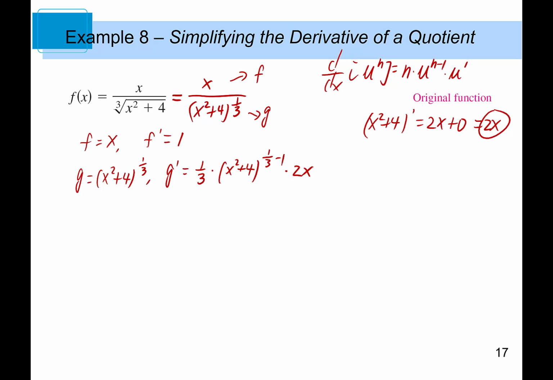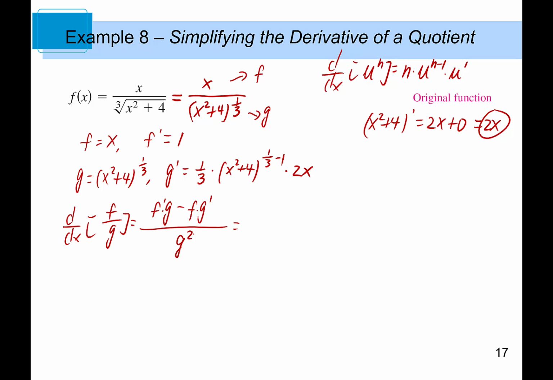Alright, then after that we can find the derivative. So it's basically f over g, right? So it's f prime g minus f g prime, divided by g squared. Replace f prime and g prime with whatever is there.